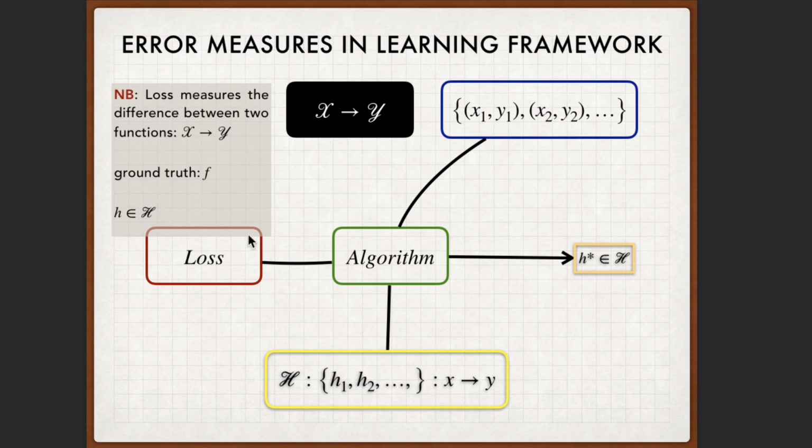So this loss should be a functional. Given two functions, it returns the difference between them. This sounds abstract. How can you measure the difference between two functions? Because functions sound like some amorphous, complex objects. It's not like two numbers for which you can simply do a subtraction and take the difference.